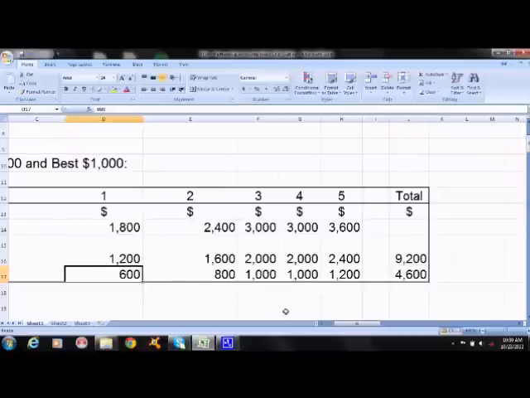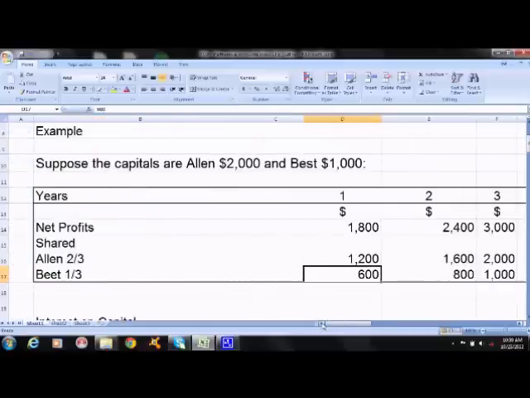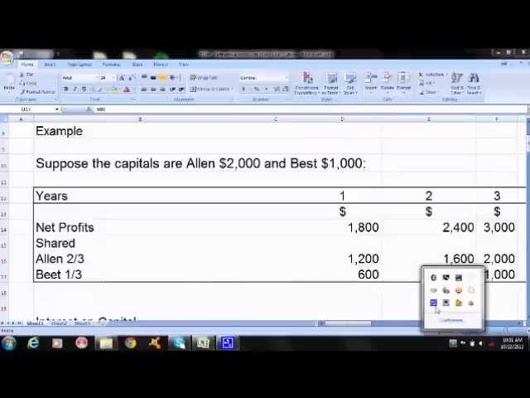So in order to avoid this problem of compensation, there is a concept called interest on capital, which will be demonstrated in the next video clip.